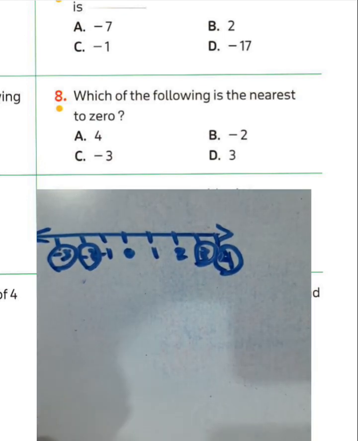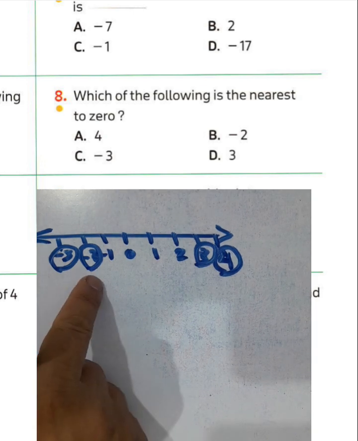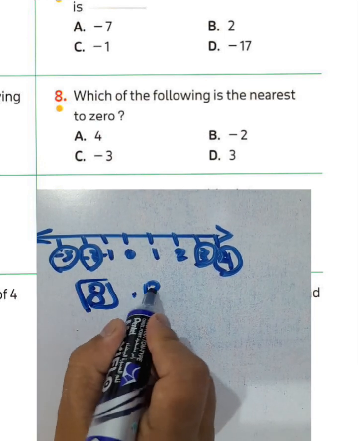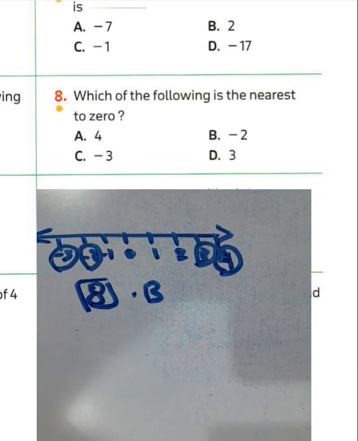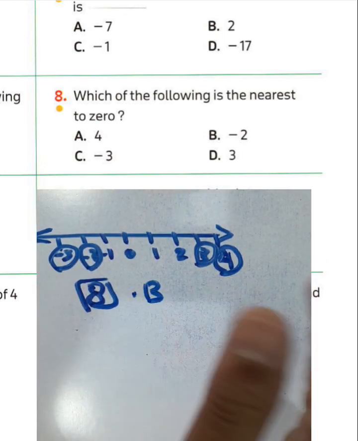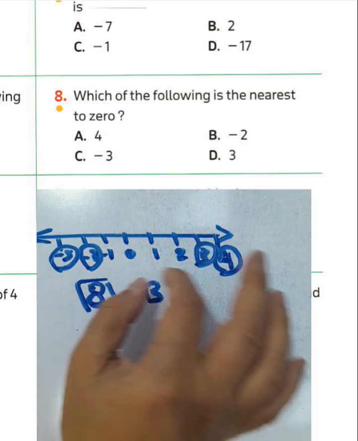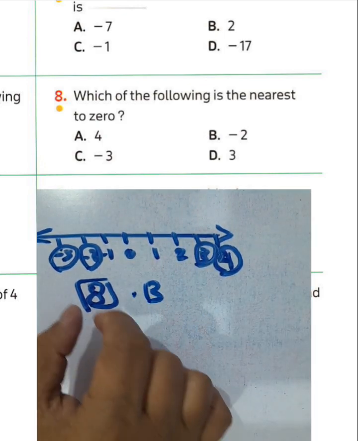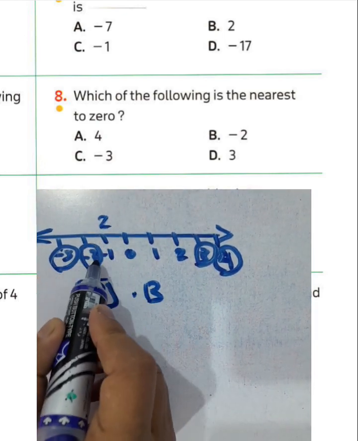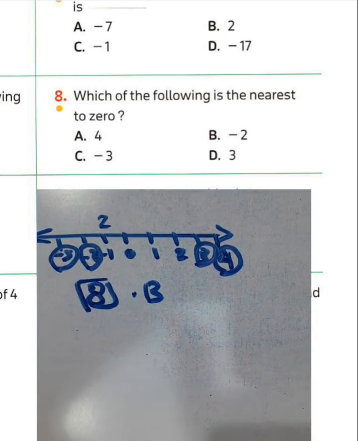Which one is nearest to 0? It will be -2. The distance between 0 and 4 is 4, and the distance between 0 and -2 is 2 units. Then we must choose -2. For question 8, you must choose letter B.